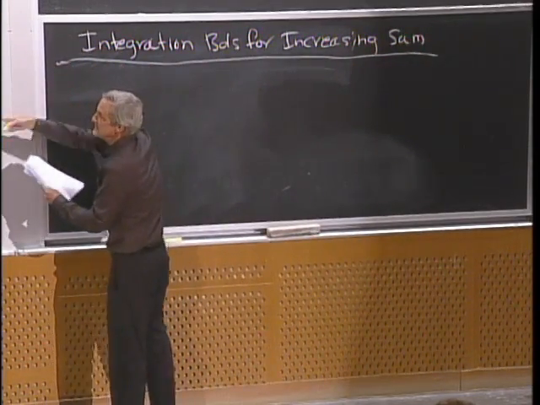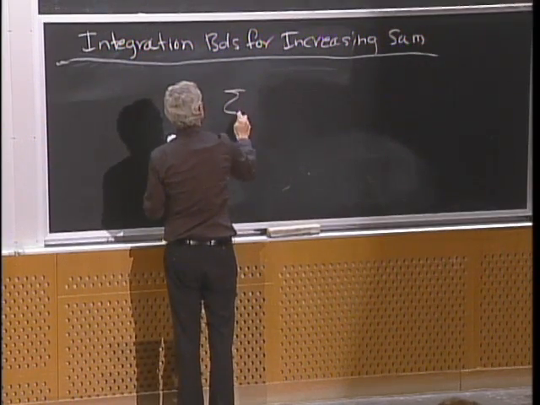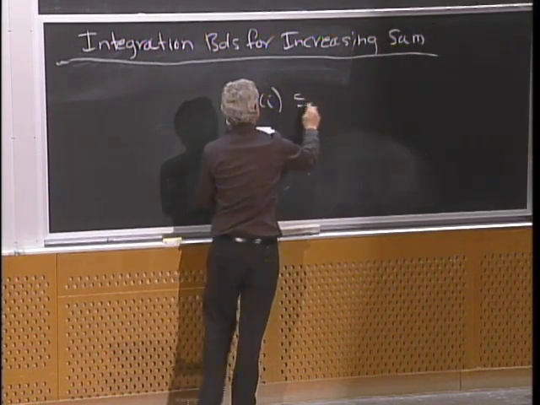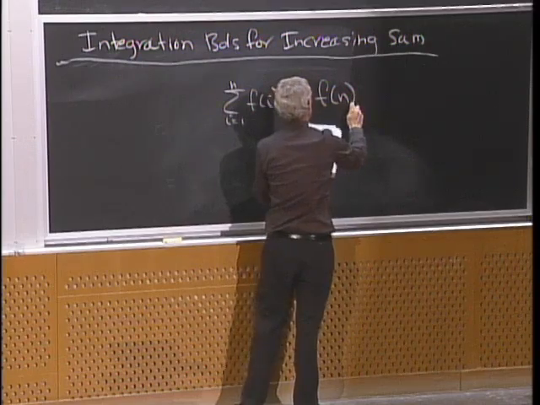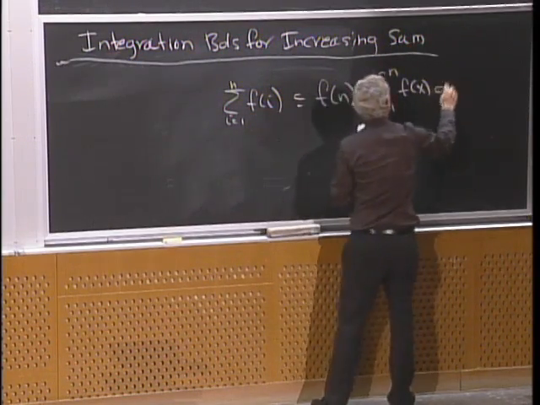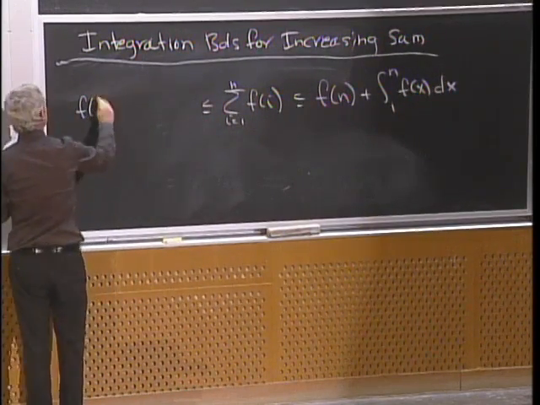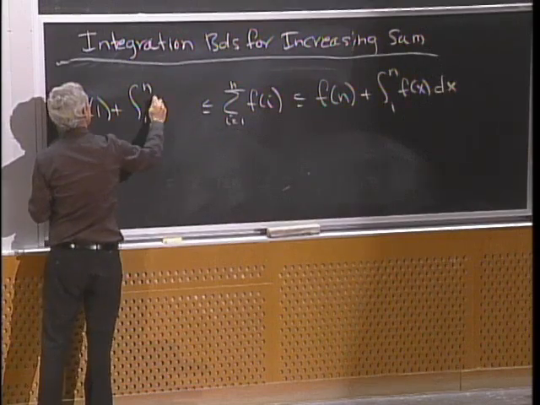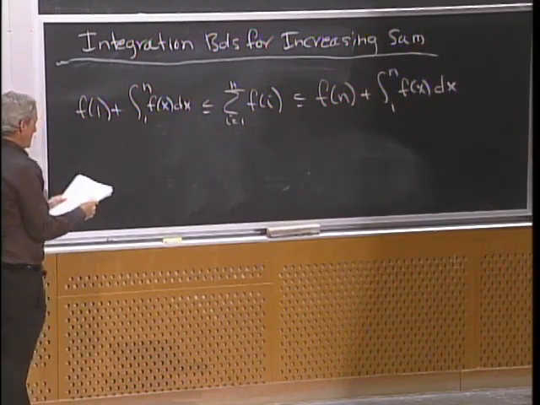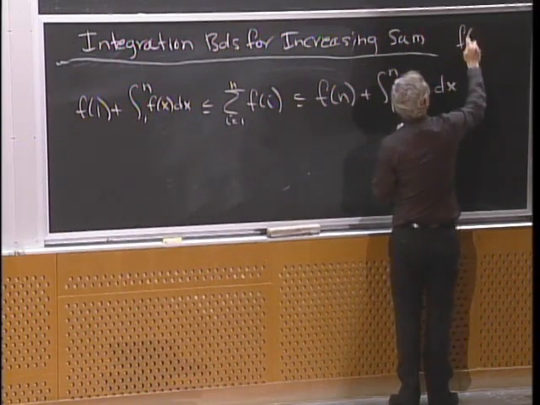And the formula is easy. It's basically the same formula we had there, that the sum i equals 1 to n of f of i is at most the nth term plus the integral. And it's at least the first term plus the integral.